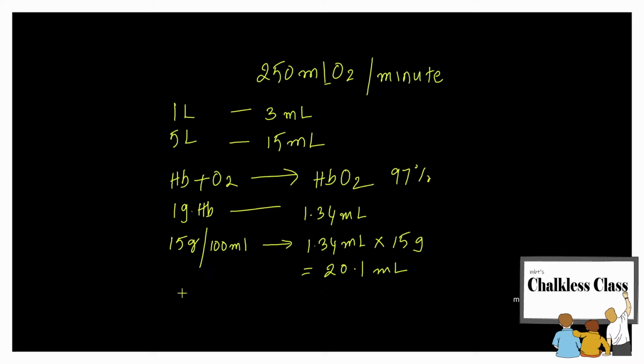If cardiac output is 5 liters, how much? Let us see. 1 liter of blood carries about 20.1 into 10, which is equal to 201 ml of oxygen.